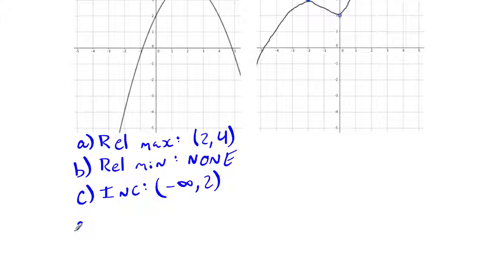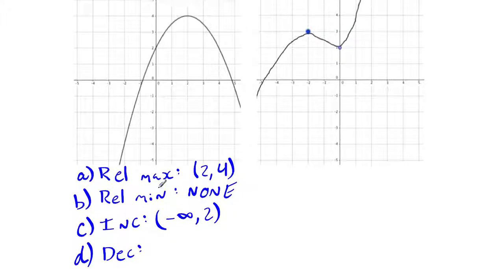And then for where we are decreasing, if you look again at that turning point there, x is 2, we're going from 2 to infinity. Notice the x value for that turning point separates our increasing and decreasing intervals. And increasing, decreasing intervals always have parentheses because at that turning point, I'm neither increasing nor decreasing. I'm stagnant, I'm stationary.